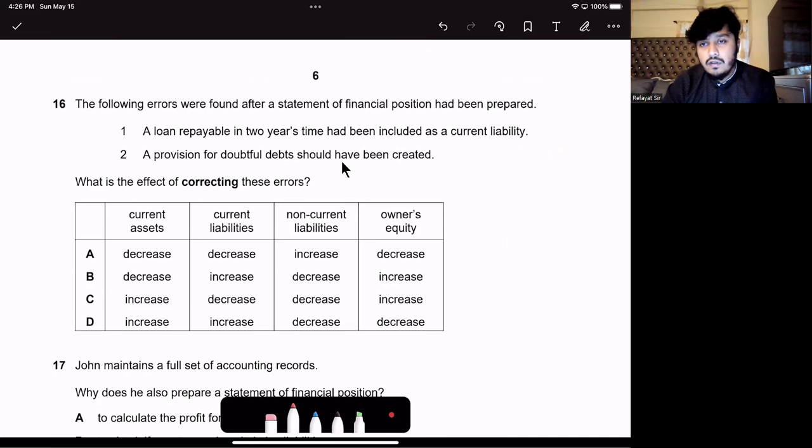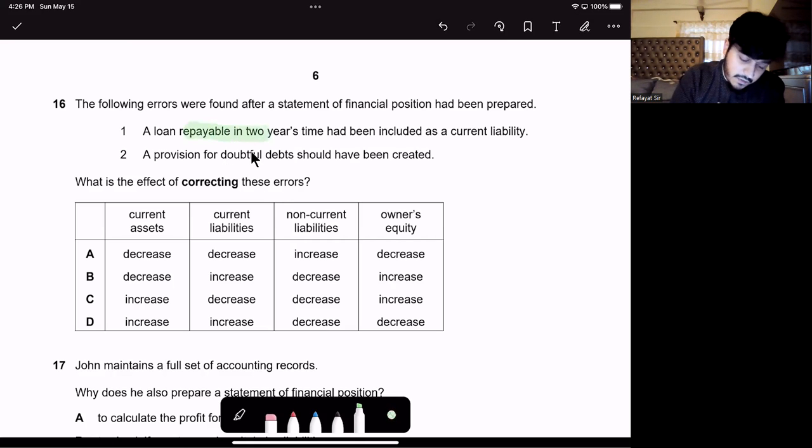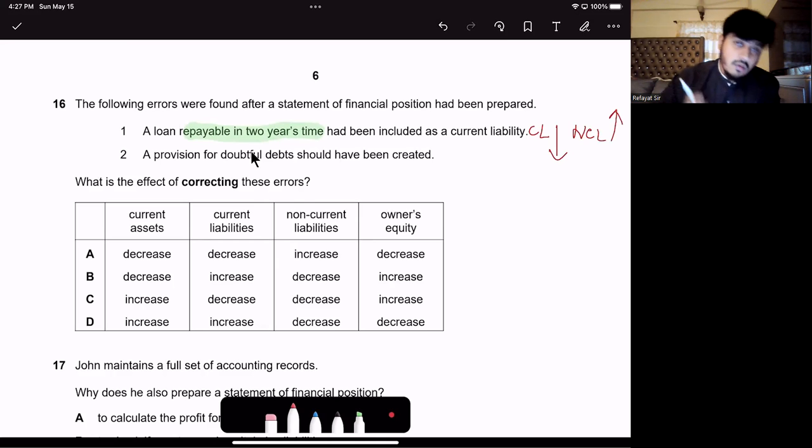A provision for doubtful debt should be treated. What is the effect of correcting this error? Okay, if we correct the first error, then our current liability will decrease, non-current liability will increase.